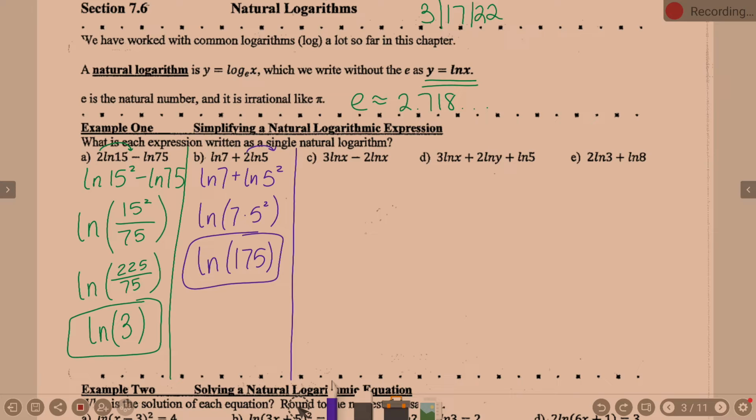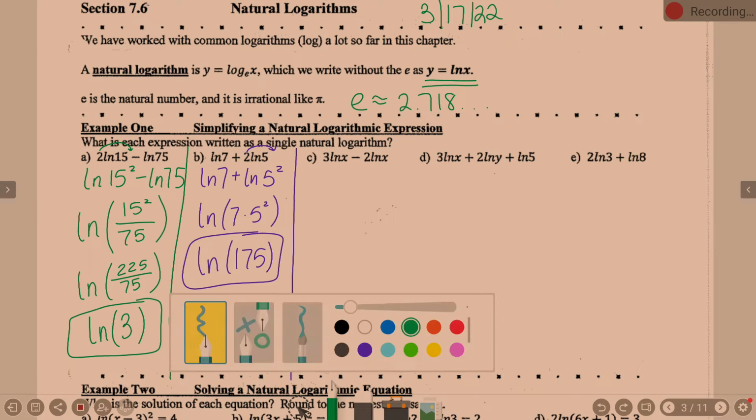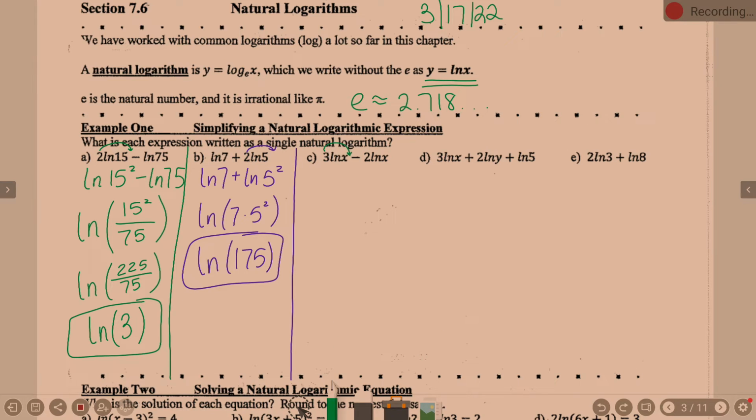Okay, C. 3 natural log of x minus 2 natural log of x. Power property. This time I have powers I have to do on both of them, right? 3 natural log of x is going to become natural log of x to the third, minus 2 natural log of x is going to become natural log of x to the second.